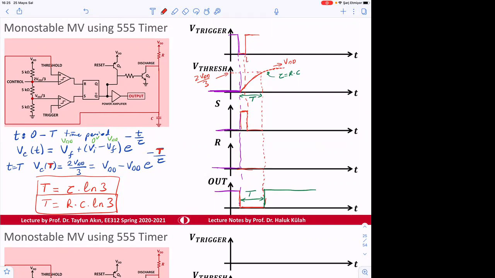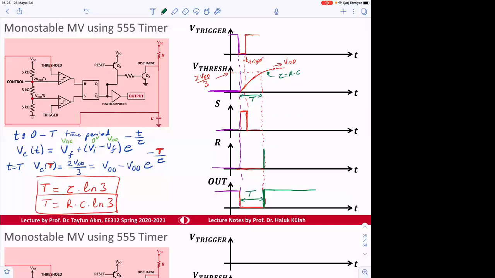Notice that this trigger is short, but due to the memory of the RS flip-flop, it only changes, and it's enough to change the signal for a short while, but then it will store its value. And the R goes for a very short period of time, and that's enough to set this output back to here.